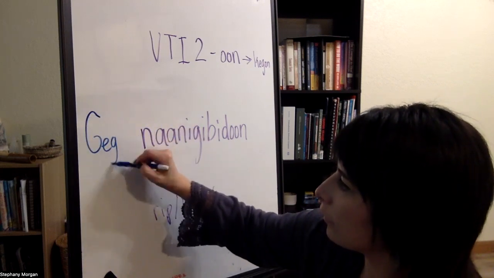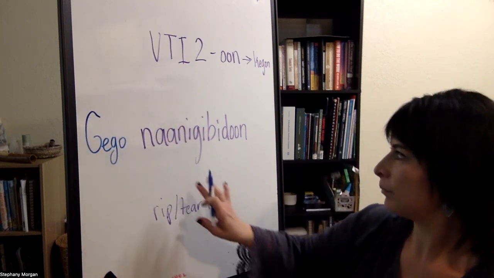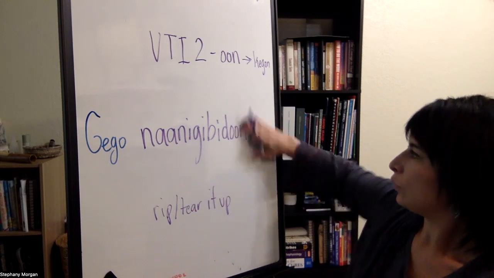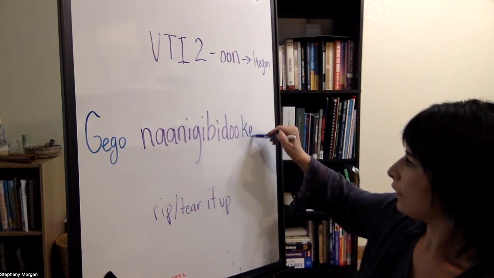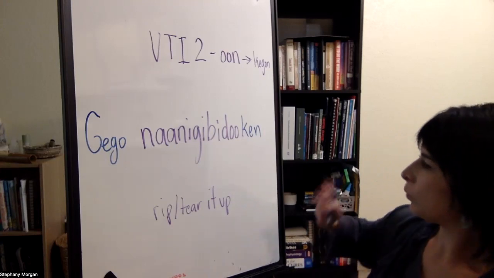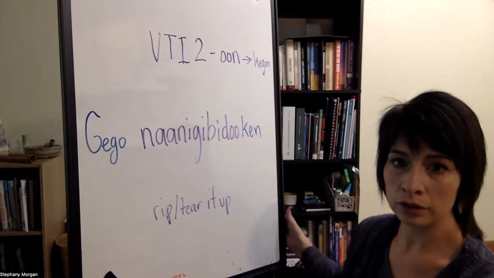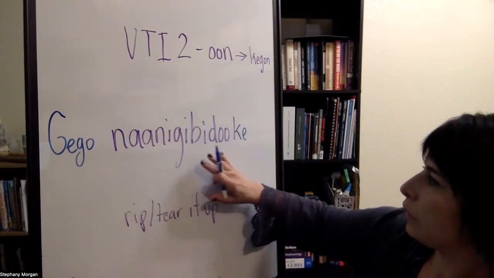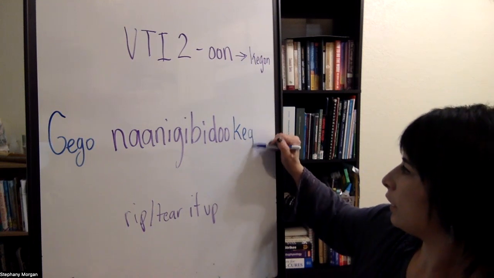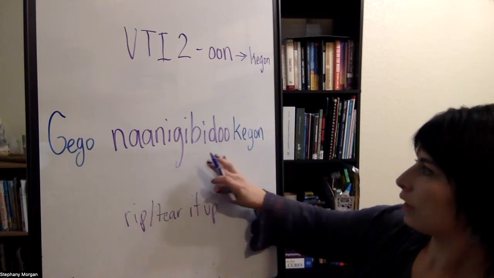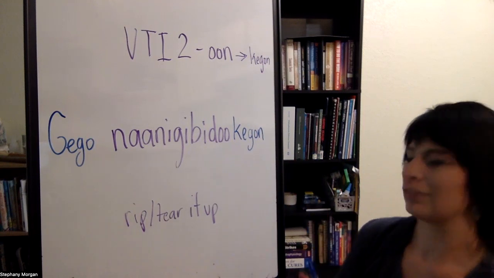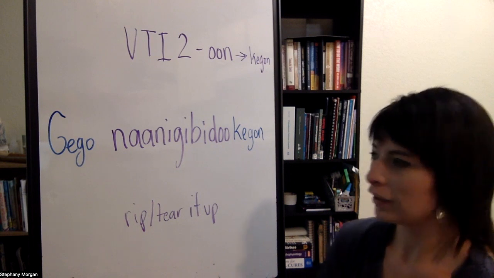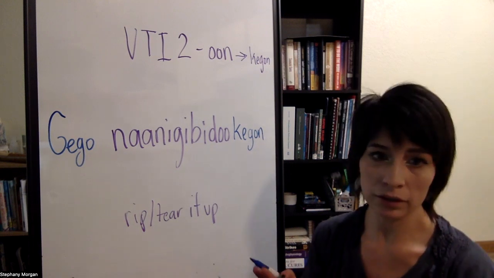Now, what's easy here is if you're trying to tell one person, don't rip it up, all you need to do is gego, nangibidu, kan. That's a single person, but we want plural people. Y'all, don't tear it up. So it's kego, nanagibidu, and the end falls off. Kegun. Kego, nanagibidu, kegun. It's kind of a tongue twister. Kego, nanagibidu, kegun. Y'all don't rip it up, don't tear it up.